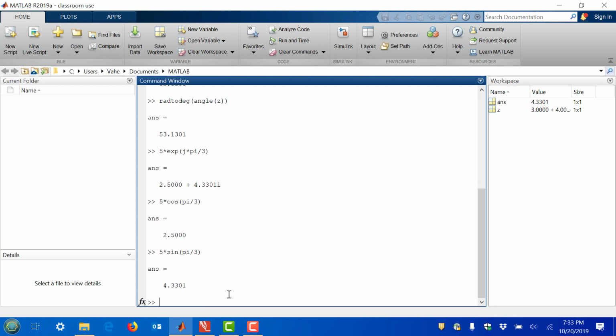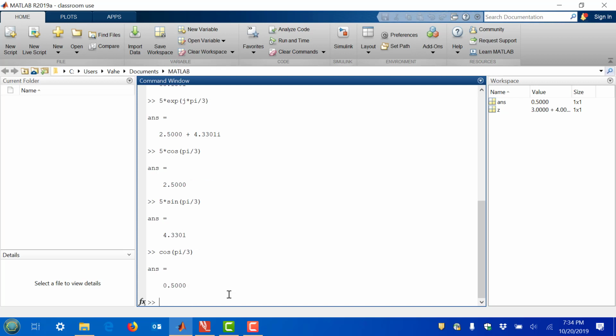Now there's another function that you may or may not be aware of. When you say sine of something or cosine of something, that something is really in radians. As I illustrated, cos pi over 3 is a half.